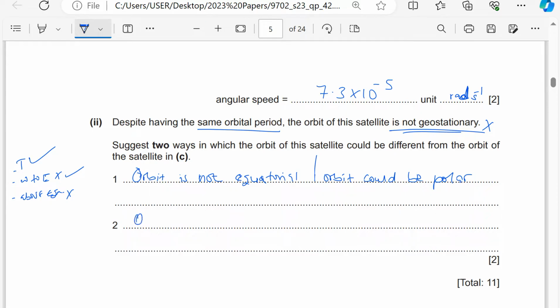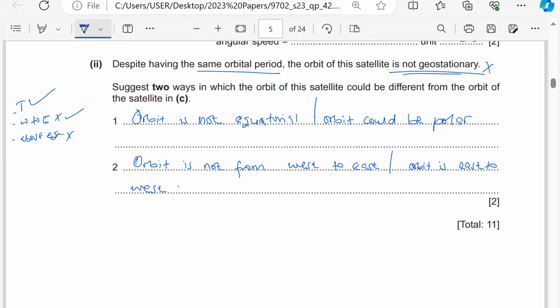So if it is not from west to east and it's not above the equator, then it is not geostationary.